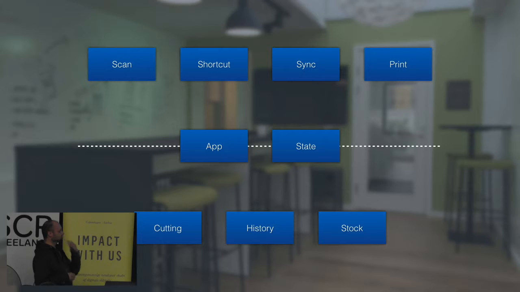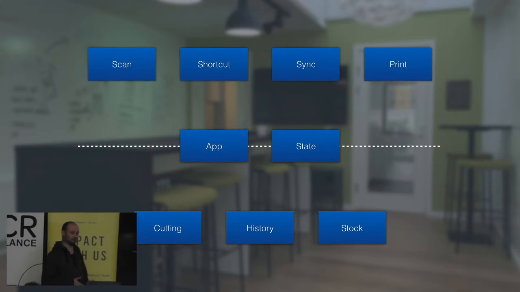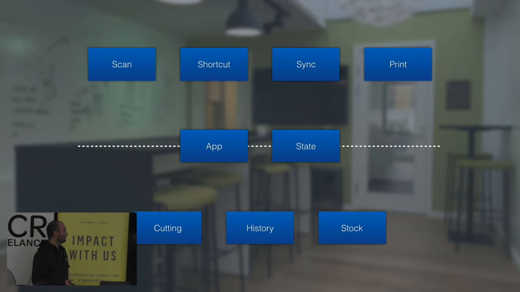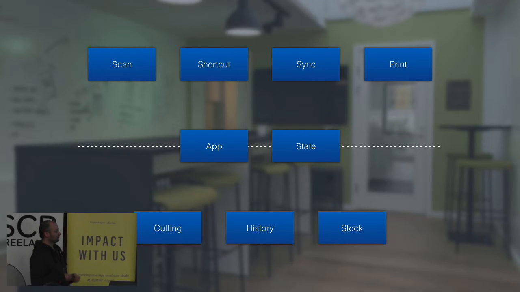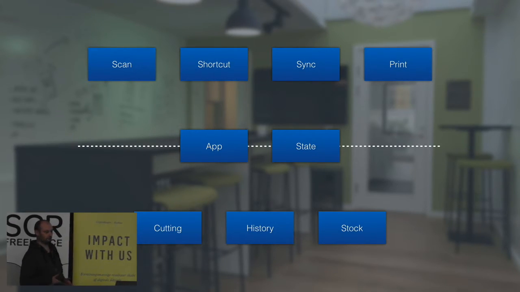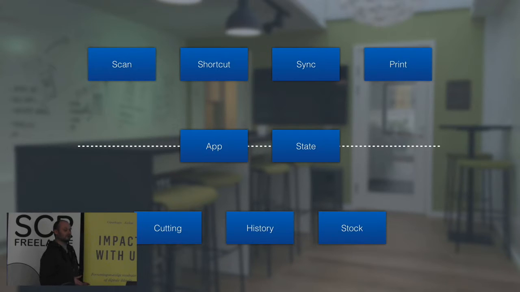So the main interface for this application is a little bit different than if you're used to working with web development, where you mainly use the mouse. We have a keyboard, and then we have a barcode scanner. The barcode scanner, if you haven't worked with this before, is basically a keyboard.